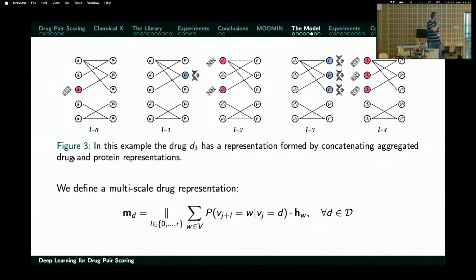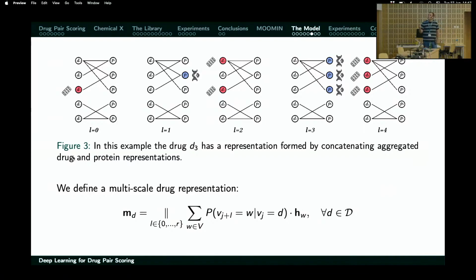And this can be interpreted quite well, because at the 0th scale, you are talking about the drug itself. At the first scale, you are talking about the proteins that it binds to. At the second scale, you are talking about essentially drugs that bind to the same protein, and you can have all of these interpretations of these various scales.